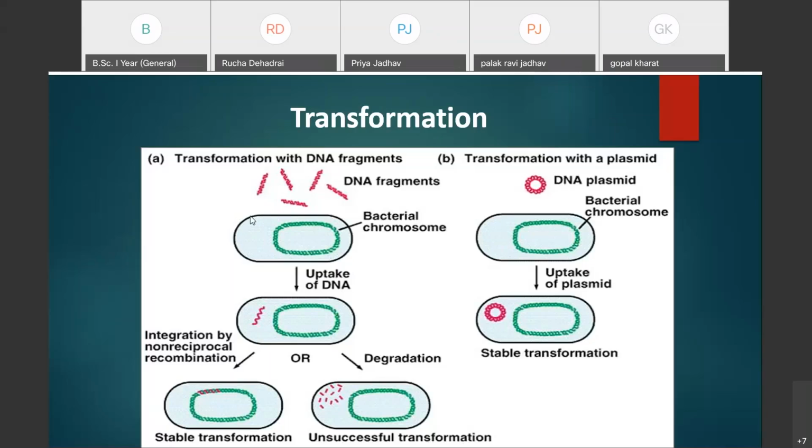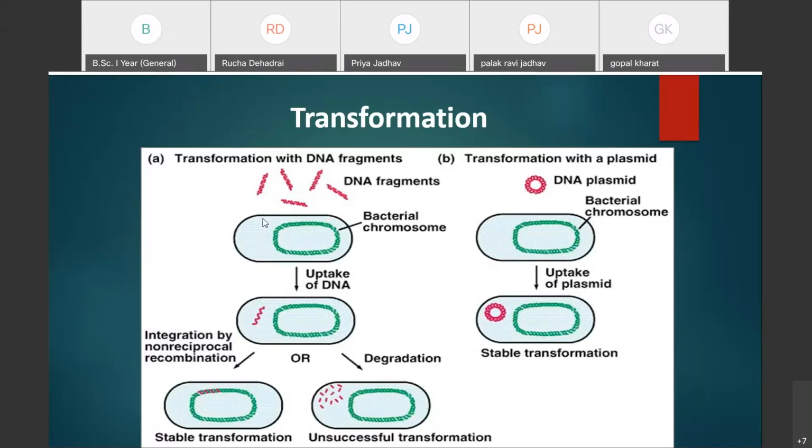That's why we say transformation is a very unusual method. As the rigid wall of the bacterial cell can transport relatively larger DNA macromolecules, it is said to be an unusual method. It is not necessary that all bacterial cells are naturally competent.